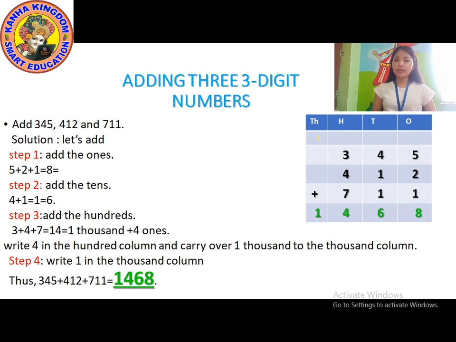The fourth step is to write the carry over digit from the third step in the thousands column. So these are the steps of adding three-digit numbers. I hope you all have understood this topic more clearly.